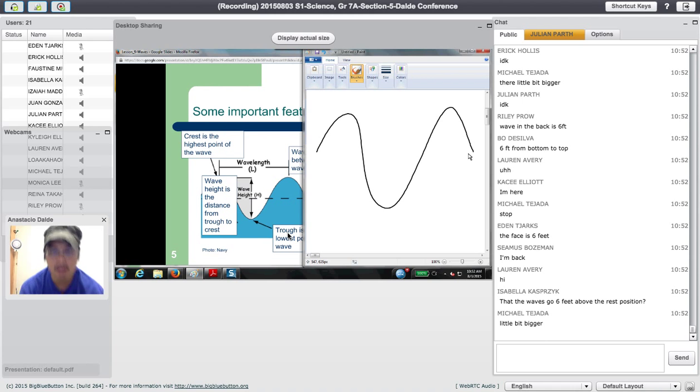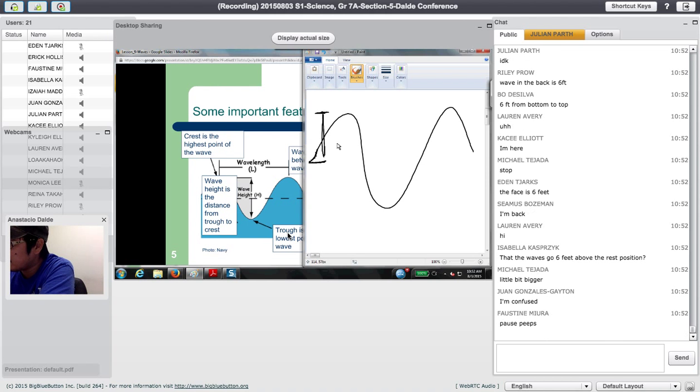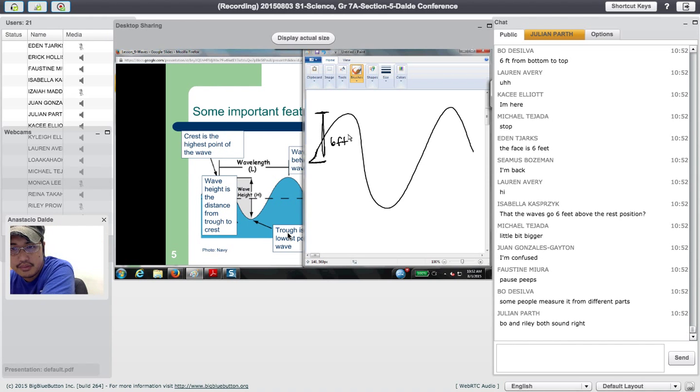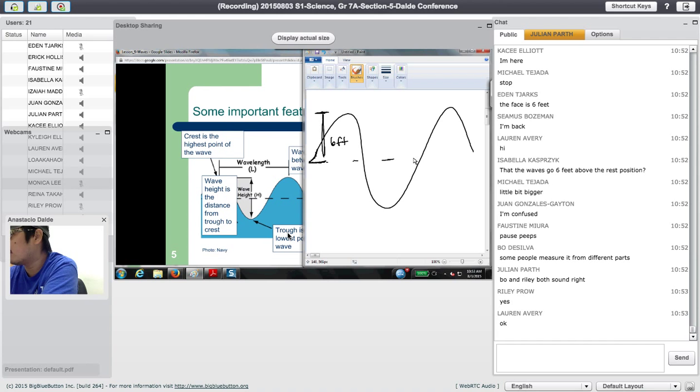So Isabel, all right. So we've got Riley saying from the back of the wave. So the back of the wave is maybe over here. To the top over here is 6 feet tall. Right? We also have Isabel saying the same thing because she's saying the rest position. The water is normally at this height over here.